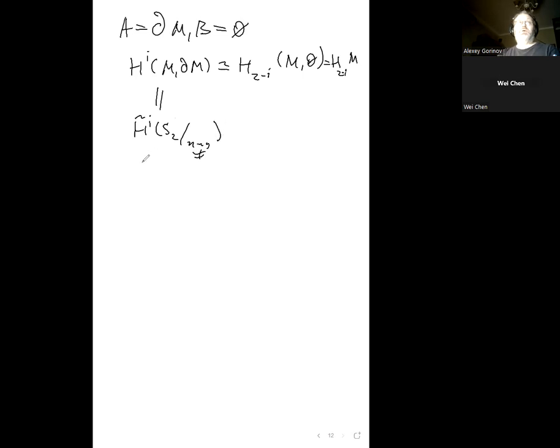Well, let's calculate. The result is the same as hi of S2 wedge S1. And what do we have? We have zero in degree 0. Then in degree 1, what do we have?